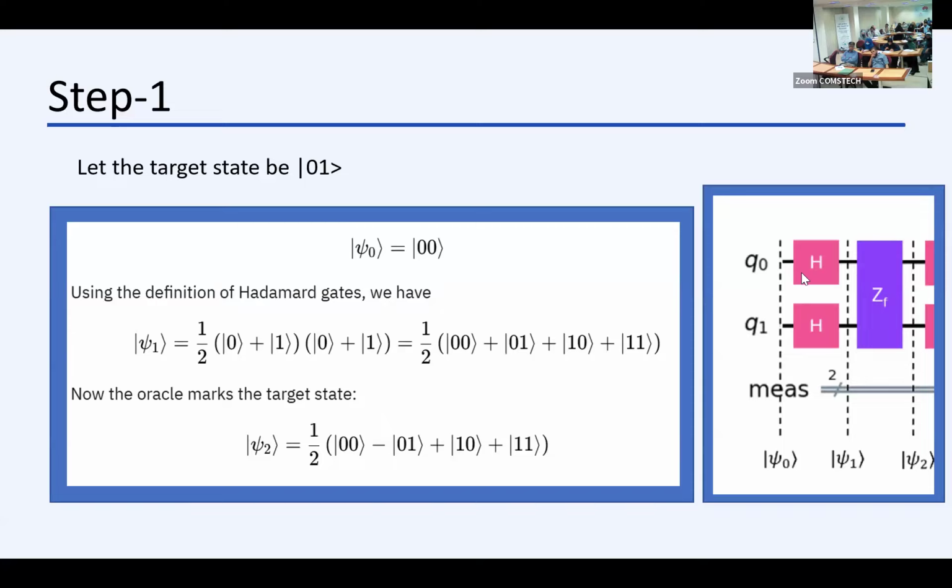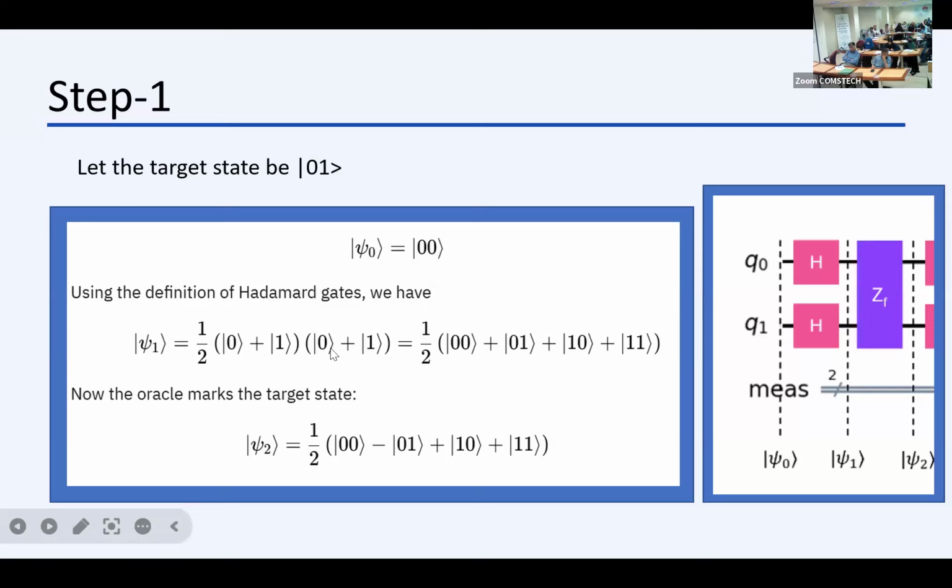Now, the first step is we want to create the superposition. How are we going to create the superposition? By applying the Hadamard gate. So we're going to apply the Hadamard gate onto Q0 and Q1. It's a zero state, so when we apply the Hadamard gate on the zero state, we have a 0 plus 1 state.